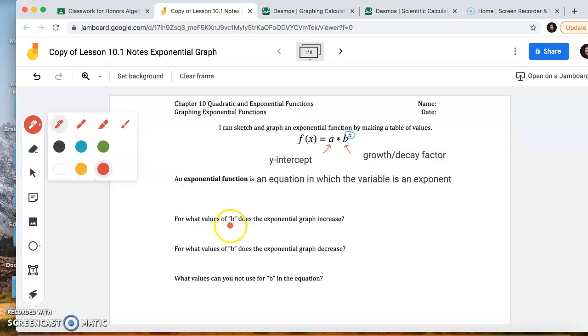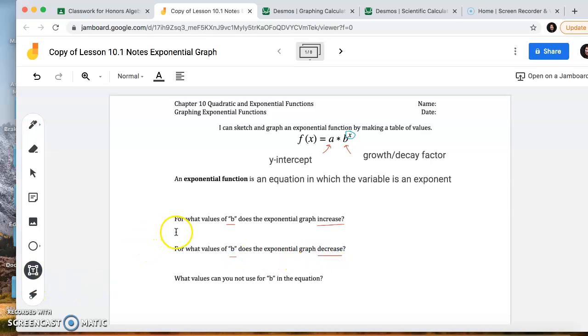We want to next focus on our b. So we're going to look at this b value right here. We want to figure out what values of b make the exponential graph increase and what values of b make the exponential graph decrease. Any number greater than 1 will make the graph increase, and any number less than 1 will make the graph decrease.